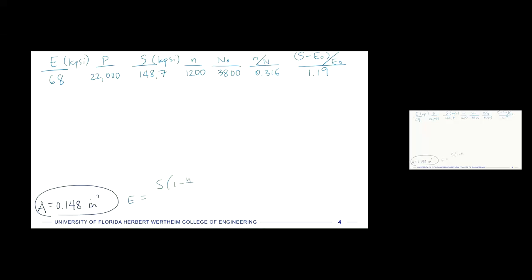S1 minus n over N, S minus E naught divided by E naught plus 1 minus n over N. Okay. So now if we calculate an updated E naught, it's going to go back into the first column of our iteration. And it's going to be 54.5 kpsi.